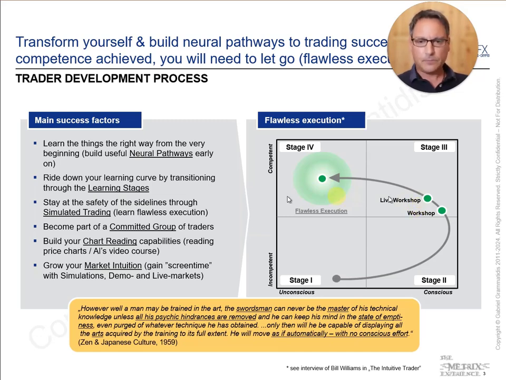So why does it take months or even years? Because neural pathways have to be built, right? If you're trading the markets coming from a sense of logic, you will fail terribly, because trading the markets is counterintuitive. This means that if you're trading a counterintuitive system, your neural pathways have to get reset.